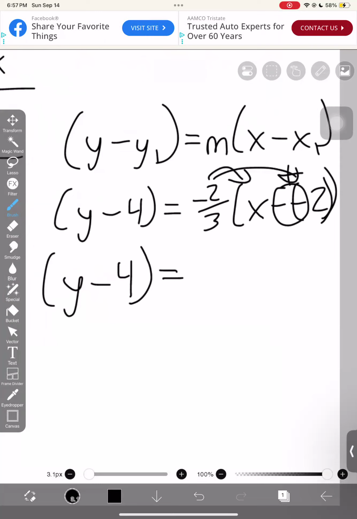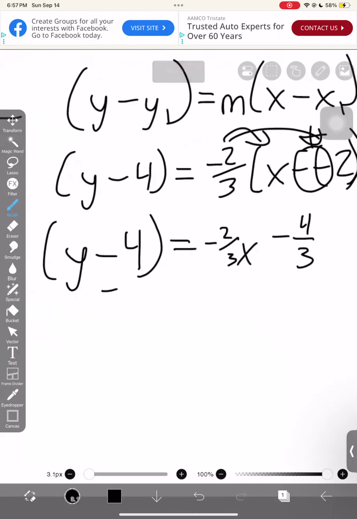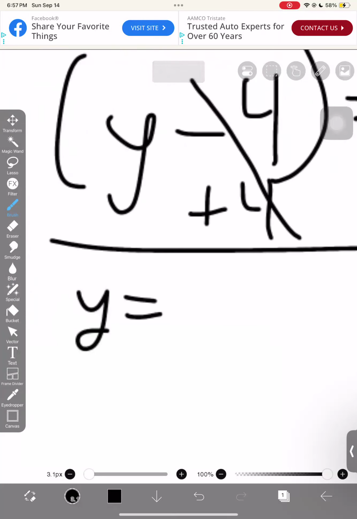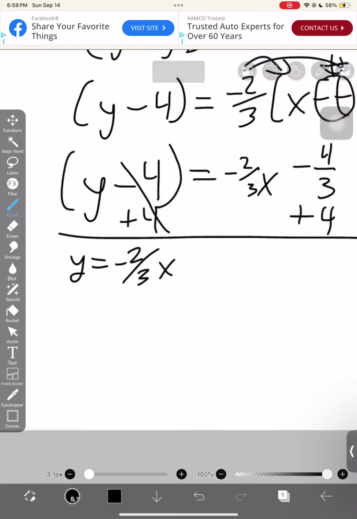Distribute, becomes -4/3. Last but not least, we have to add 4 on both sides. And we get y is equal to, and then what is that?